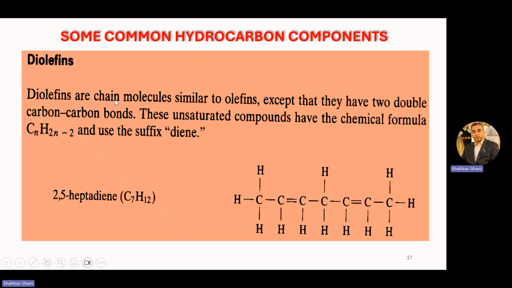Diolefins are chain molecules similar to olefins except that they have two double carbon to carbon bonds. These unsaturated compounds have the chemical formula CnH2n-2 and use the suffix diene, for example 2,5-heptadiene. So this is the chemical structure.